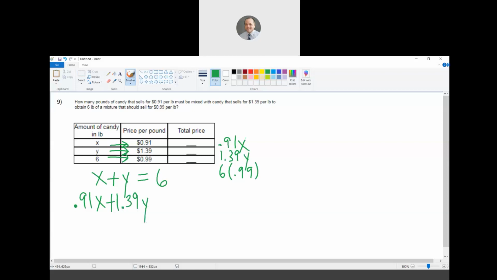All we did to get the second equation is just like the first equation, but this time around we introduced the dollar amounts. Now I'm going ahead and multiplying 6 times 0.99 to give us 5.94.